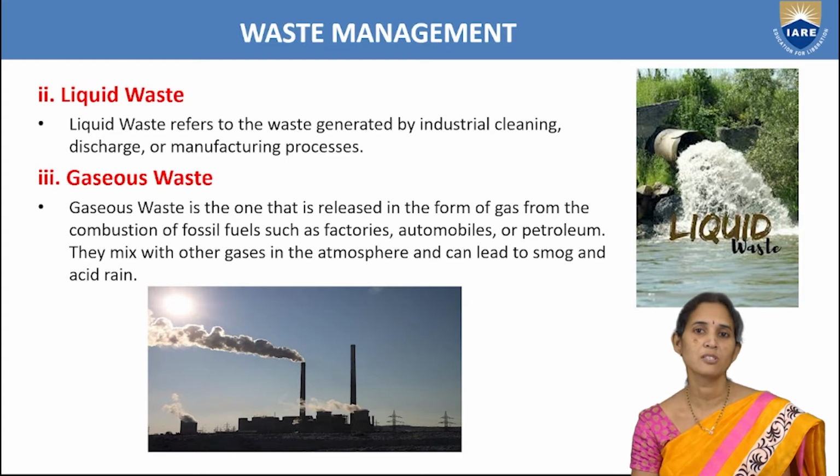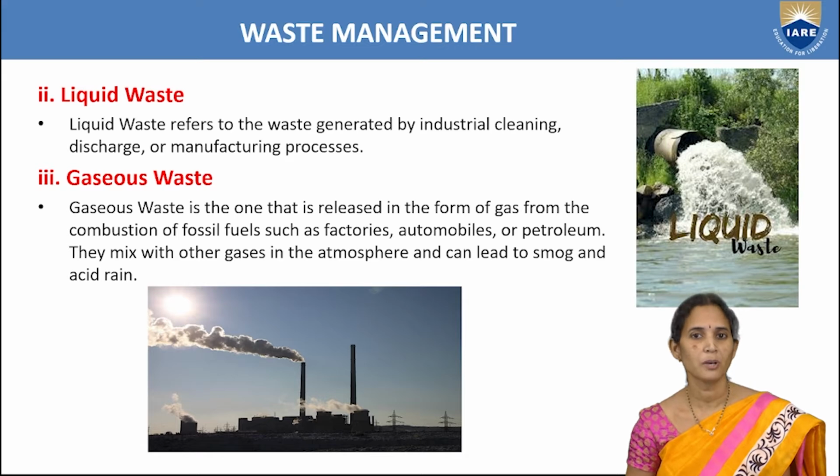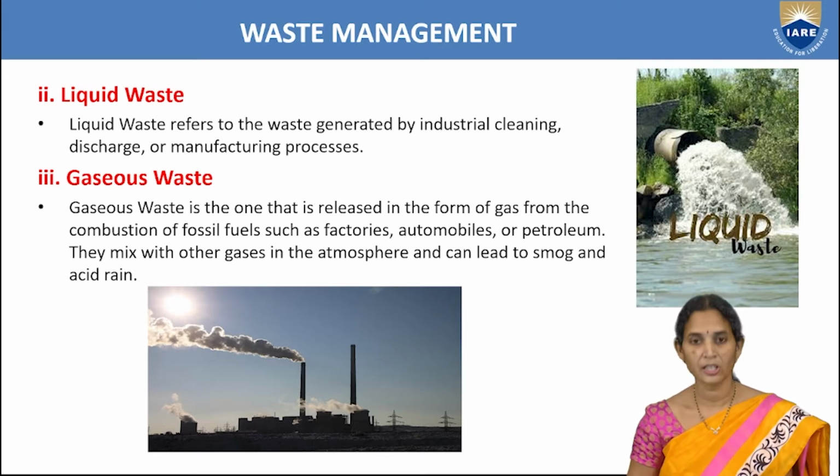From automobiles also we get gaseous waste. If burning of fossil fuel is not taking place properly, we get gaseous waste in the form of carbon monoxide. Or we can take the example of petroleum. So in day-to-day life we get gaseous waste from automobiles, from industries like factories, or from chemical industries.